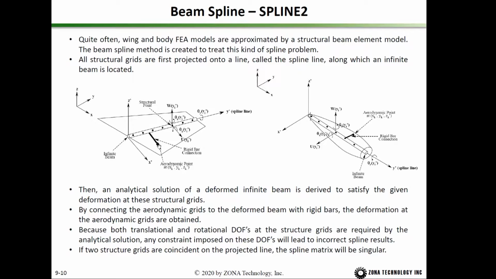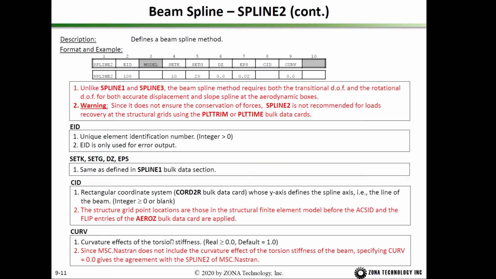Okay, so the spline axis is defined by the CORD2R card, whose y-axis defines the spline axis. And again, if two structural grid points are too close, it's a fatal error.